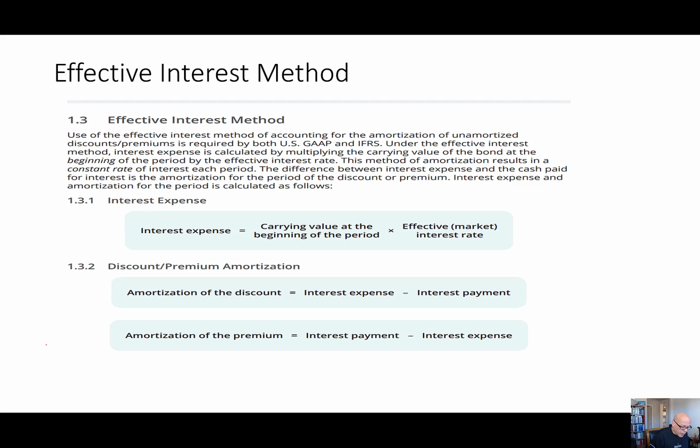So basically, when you're dealing with the effective interest method, you're going to take whatever the carrying amount is of the bond, and you're going to multiply that by the market rate of interest. So we'll figure out our carrying amount of the bond at the start of each, and if it's a semi-annual bond, it'd be at the start of each 6-month period.